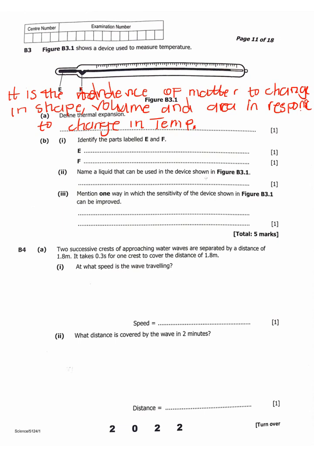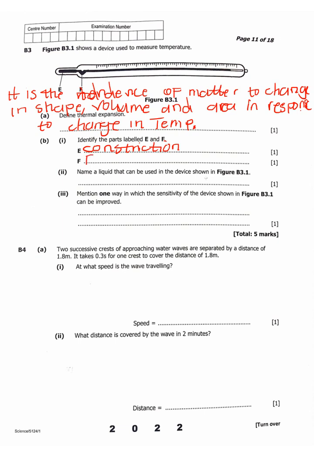shape. Then let's look at B1, identify the parts about E. So E, this is constriction, and the function of this constriction is just to prevent the backflow of mercury when getting the readings of a clinical thermometer.